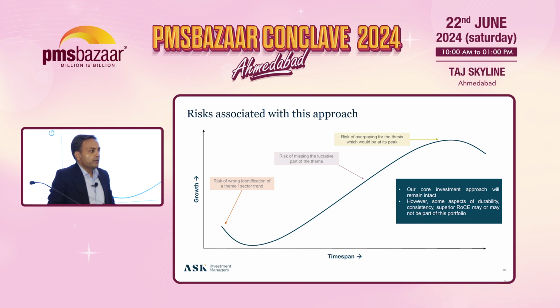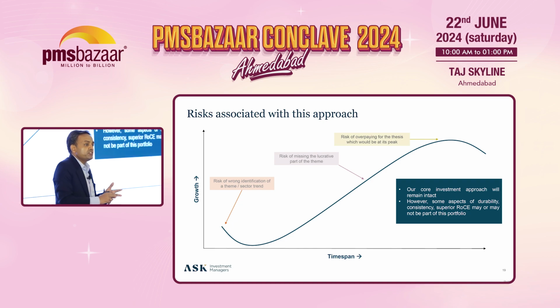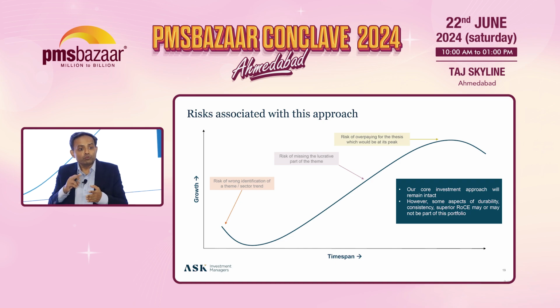because, as we've seen, there are structural changes in the economy, plus generally a theme runs for around 7 to 8 years. So this is a fund which is not investing only in manufacturing. This is not a fund which is investing only in defense. This is not a fund which is investing only in infrastructure. This is not a fund which is investing only in energy.